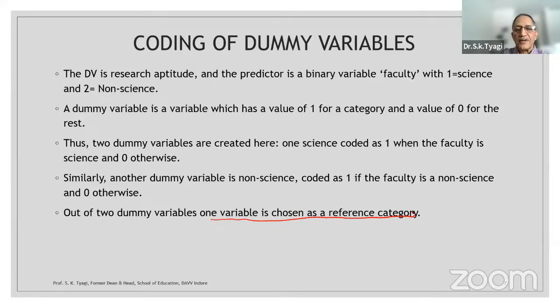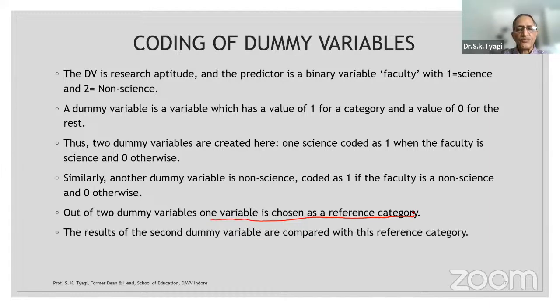We will compare one variable with another variable. Out of these two, one is chosen as reference category. You are free to choose either science or non-science. The result of second dummy variable are compared with this reference category.